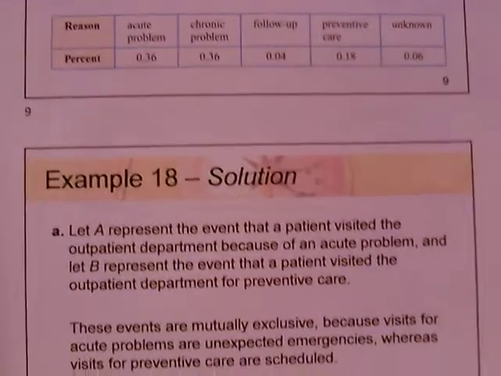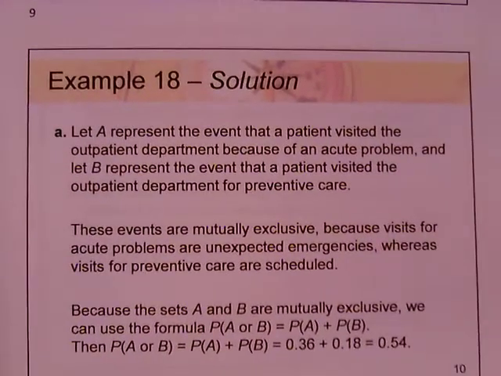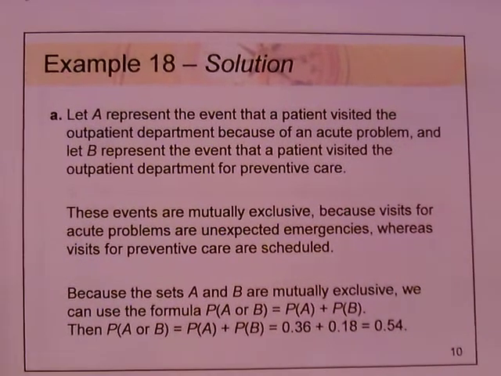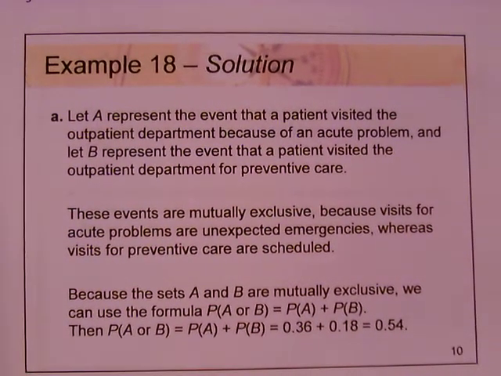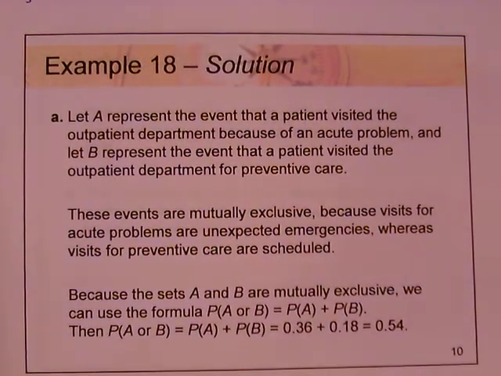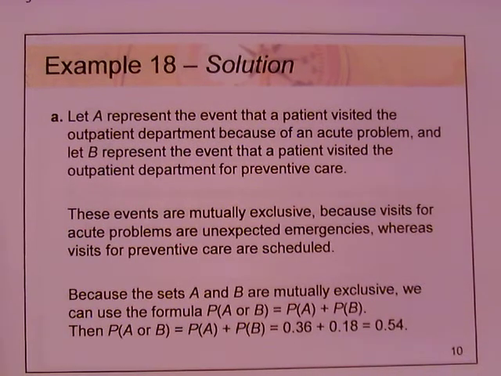we're going to let A represent the event that a patient visited the outpatient department because of an acute problem, and let B represent the event that a patient visited the outpatient department for preventive care.